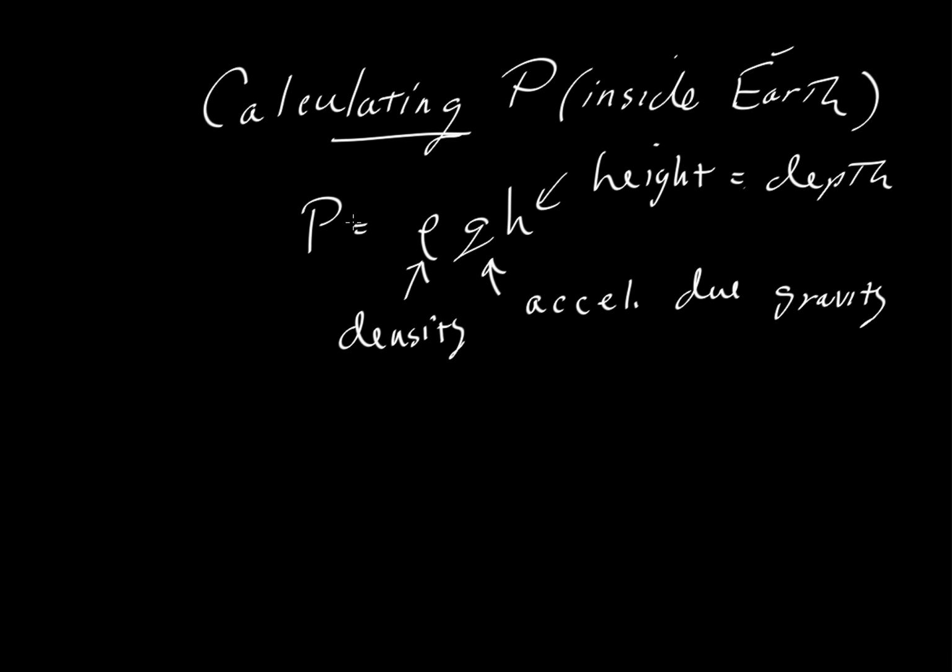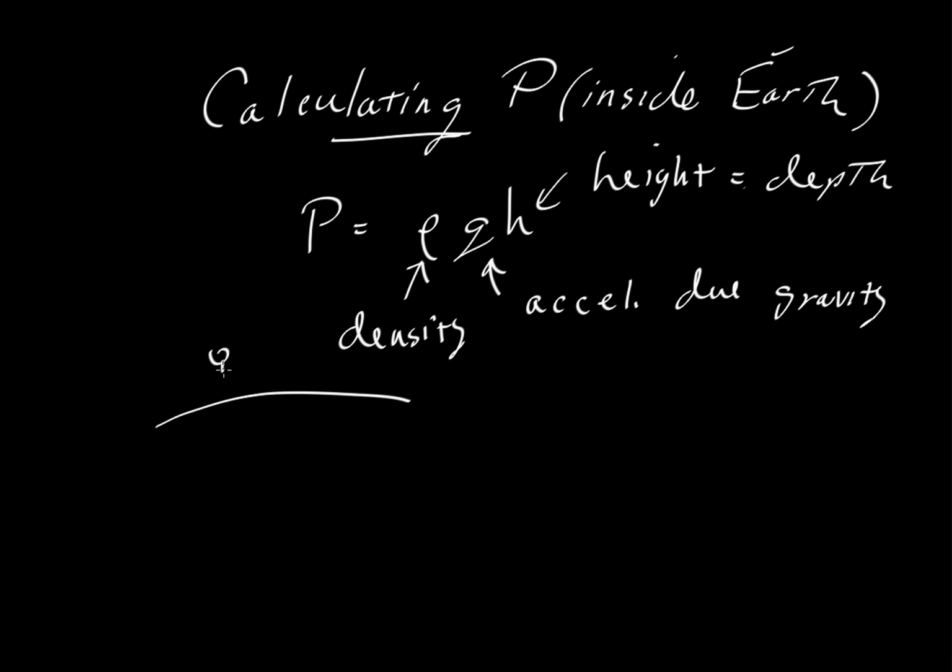So the pressure of a system will be equal to the density of the material, the acceleration due to gravity, which for us will be constant, though if we're looking at pressures on Mars or the moon, or very, very deep in the Earth where gravity changes a bit, then gravity would not be a constant, could be different. And then h is the height of the material or the depth of the material that's pushing down on whatever we're interested in. So let's take a look at this case here.